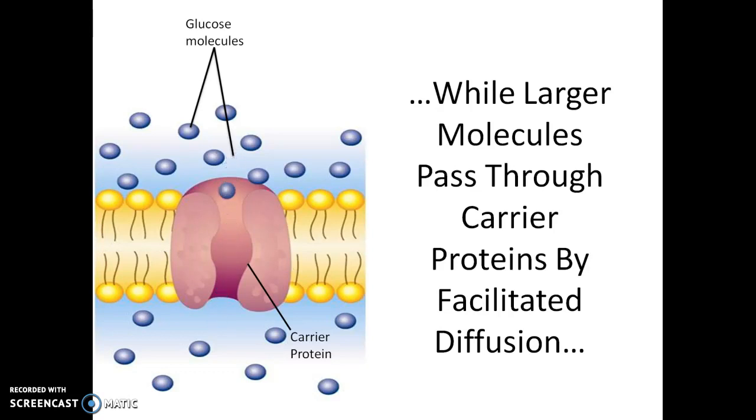Like I said, you can't go through those phospholipids, so you need to go through this carrier protein. The word facilitate means to help or to guide, so facilitated diffusion is where the molecules need help going through the membrane. And once again, that help would be that carrier protein.